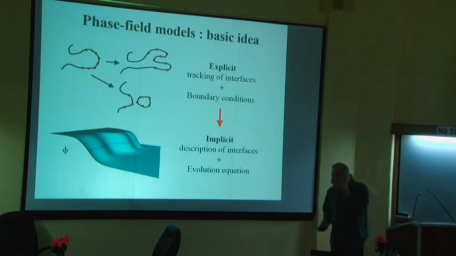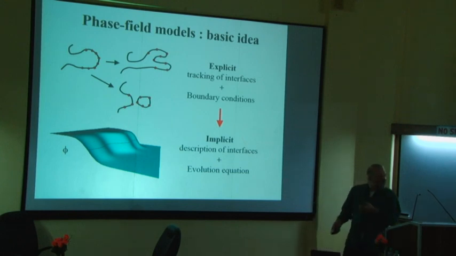So that's where the idea of the top-down approach with the phase field model comes in. The idea is, instead of having such an explicit representation of interfaces, you can think about an implicit representation of interfaces, meaning we introduce an additional function, which is called the phase field, because it will indicate in which phase we are.